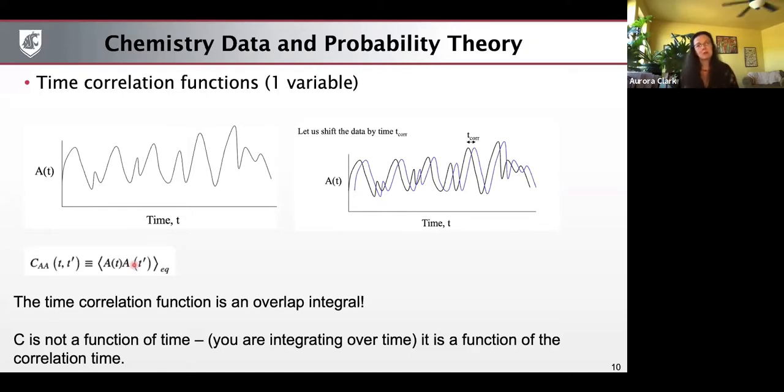We deal with overlap integrals all the time. And so this correlation function is not a function of time, it's a function of the correlation time. But we construct correlation functions both in time as well as in space and across many different variables. And this is how we often analyze and interpret the data that we obtain, either from simulation or experiment.